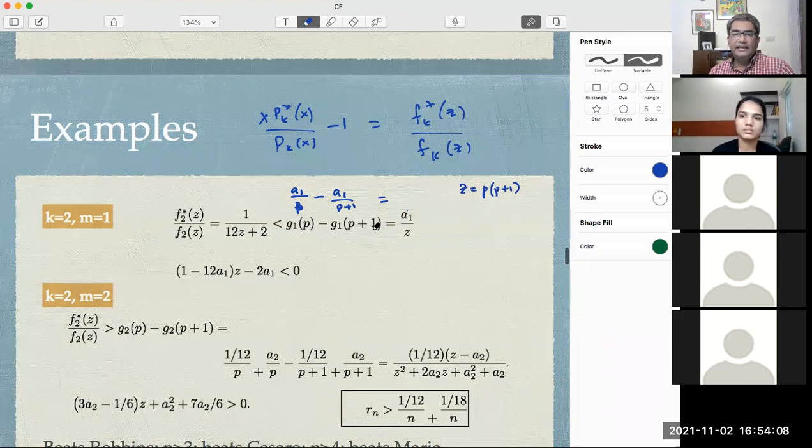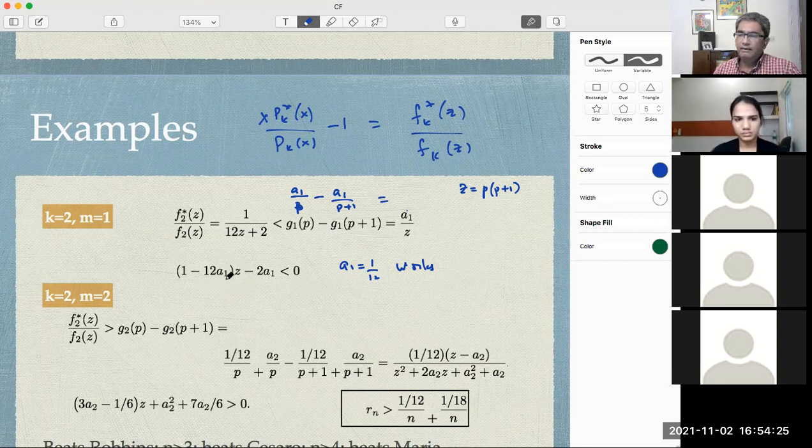So I get this, and if I cross multiply, I get this inequality. I'm trying to solve this inequality, and it turns out that a equal to 1 over 12 works. The leading term, if I get rid of that and put a1 equal to 1 by 12, becomes 0.